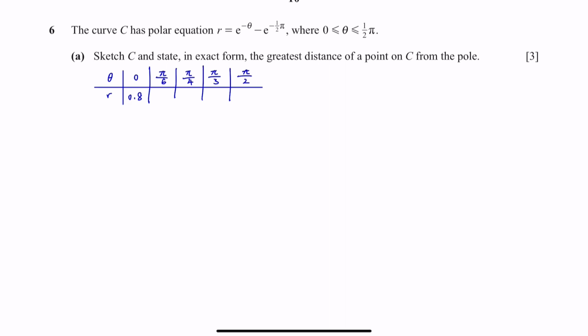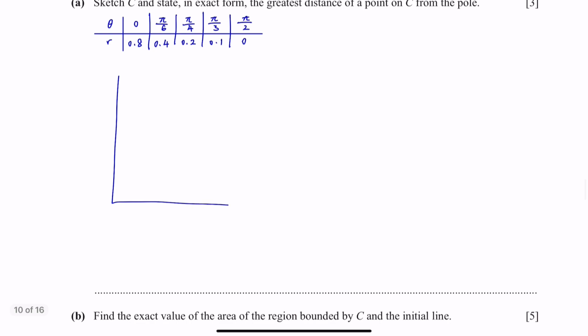So you can just put it in decimal places. 0.8, and this would be 0.4, this would be 0.2, 0.1, and 0. So now we can sketch it out.